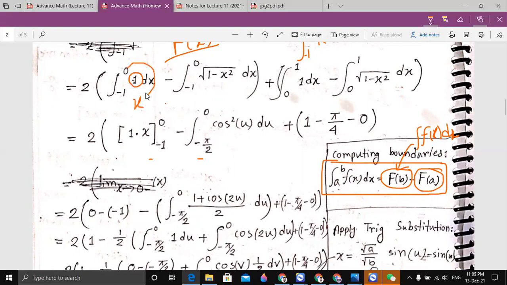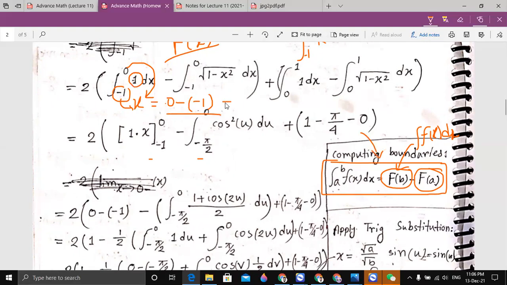Now if we substitute the limit back here, we will get 0 for f of b, and minus f of a, that means we substitute minus 1 here, so that is minus 1. You can see the formula, f of b minus f of a.